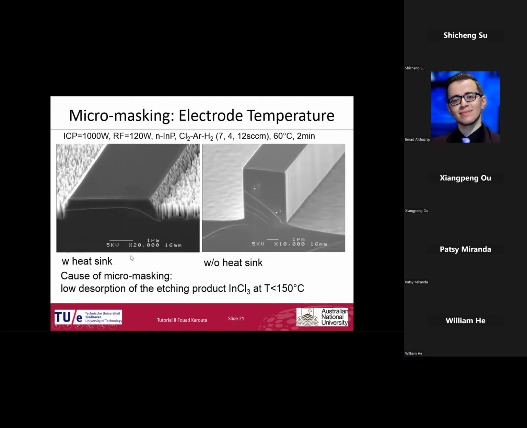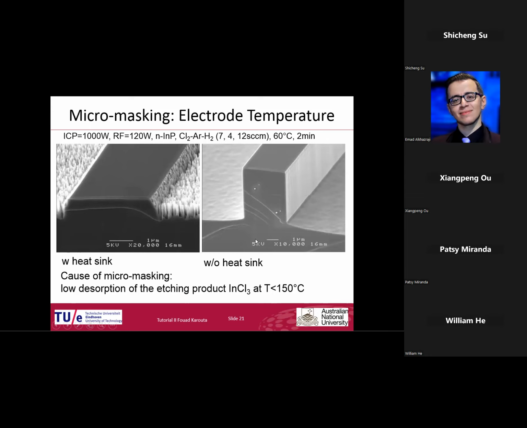The heat sink paste allows you to have the same temperature between the sample you are gluing on the silicon wafer and your silicon wafer.